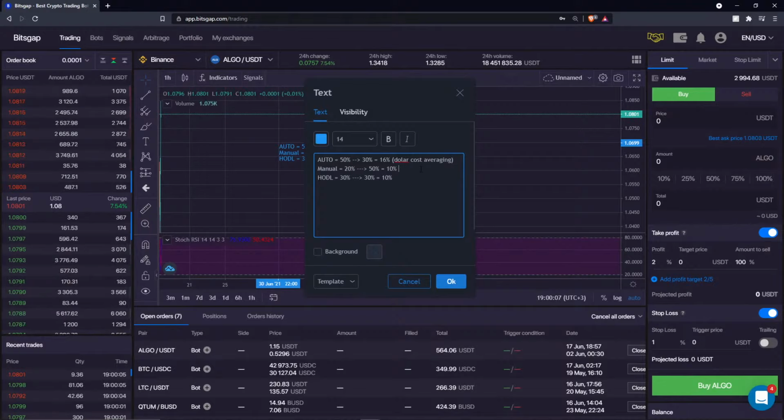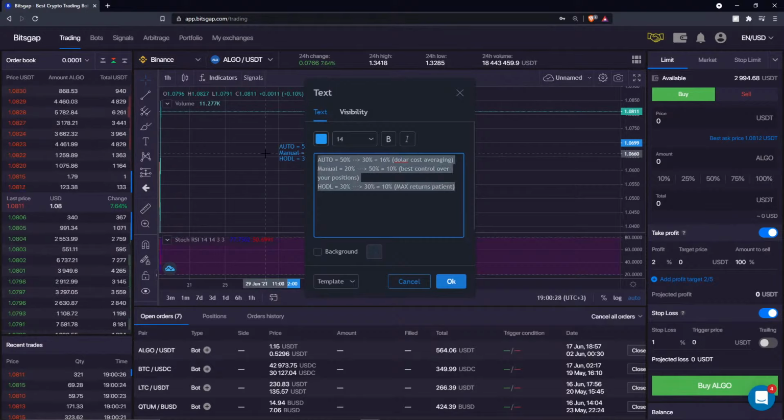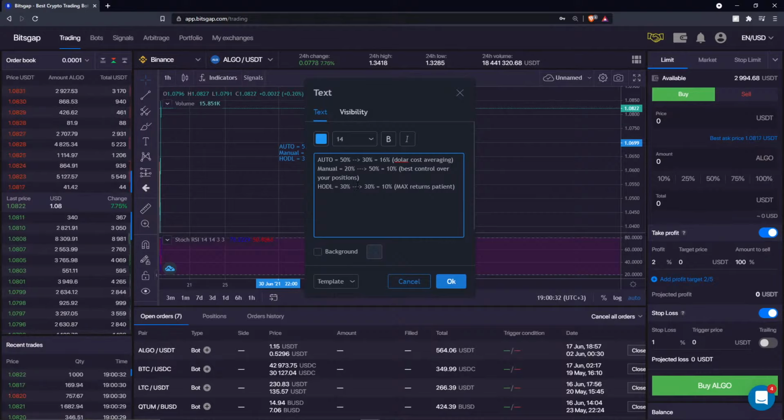In manual trades, you have the best control over your position, so you can always change the take profit and all that stuff depending on market conditions in order to maximize your returns. And in hodl, you can actually generate max returns if you are patient enough to let the price rally. So consider this rational and find your ultimate split.